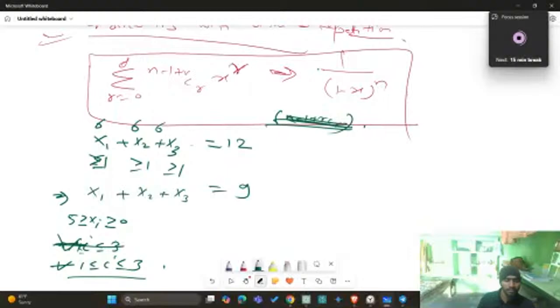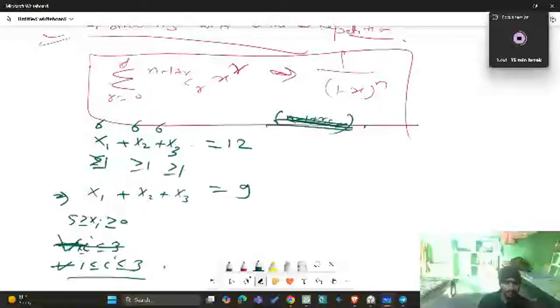So we now have an upper constraint on this.